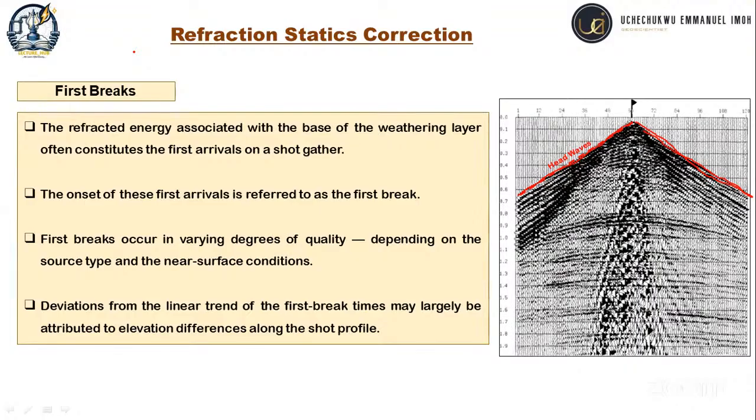So with the first break, when we pick the first break on our seismic data, this is one of the very tedious processing steps, because you have to pick them, even though it's picked automatically. Current software will use auto picks. You do a design, maybe a machine learning design of the first breaks, and then populate it through the data, and the software will pick the first breaks.